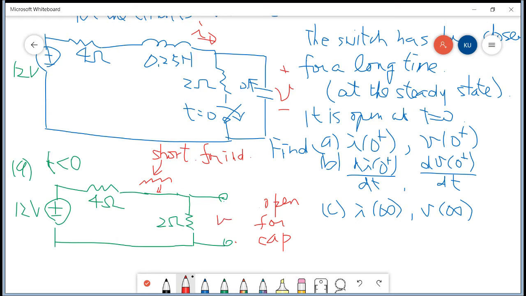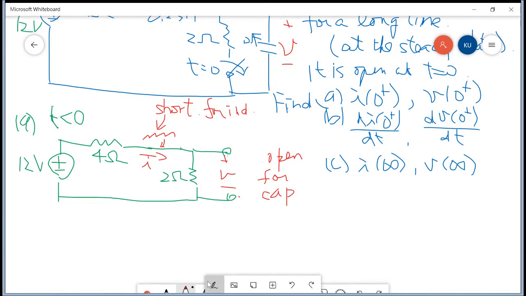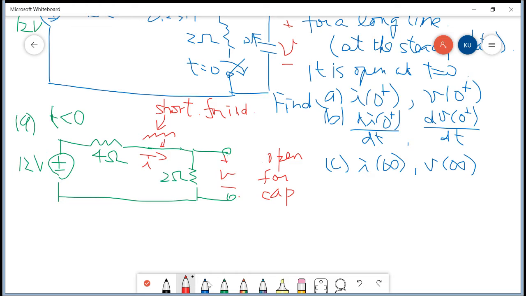And this is V, this is I. So this is nothing but solving a resistive circuit. First, we find I(0-) and V(0-).